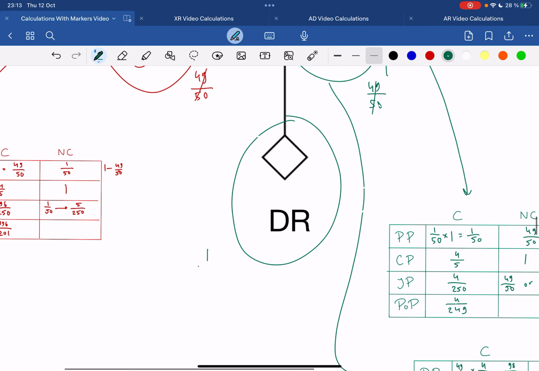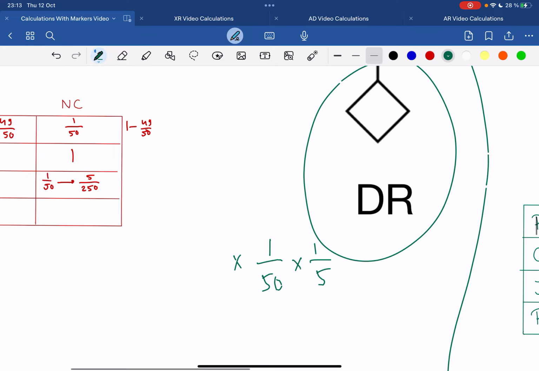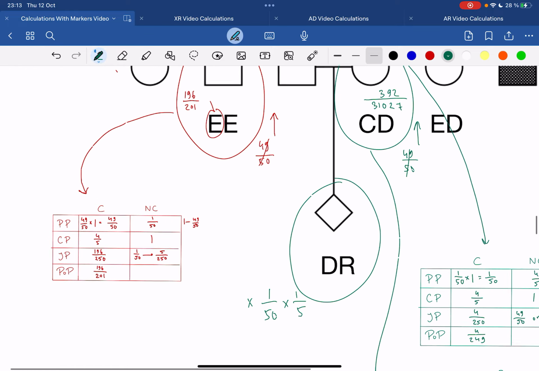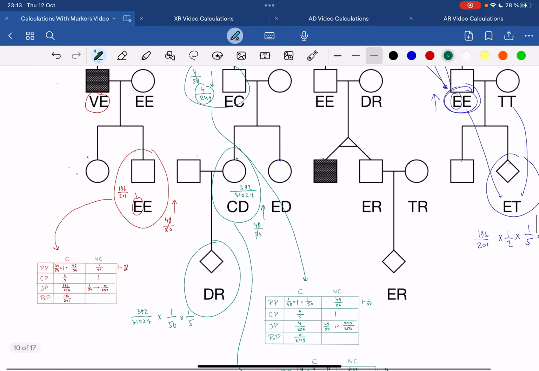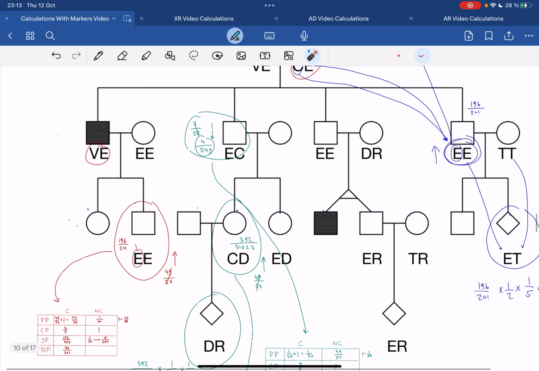So we would have 1 over 50 first, and then times the penetrance, which is 20%, times the mother's risk, which is 392 over 31,027. There we go. Again, I did the same mistake I did here.